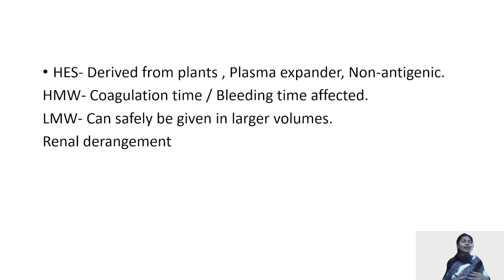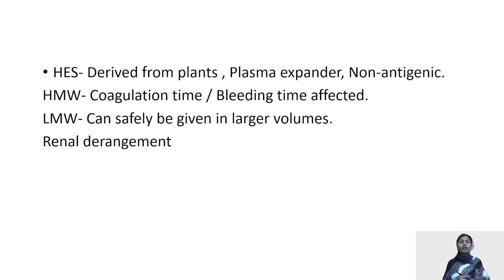For example, the scenario has been given that a lot of bleeding is taking place. In those cases, if you are asked what would be the fluid of choice, that would actually be your blood. Okay, you have to say that blood is the most preferred fluid at that time. In case whole blood is not in the option, go for PRBC. If PRBC is also not in the option, what is generally recommended is to use low molecular weight HES, not high molecular weight HES.